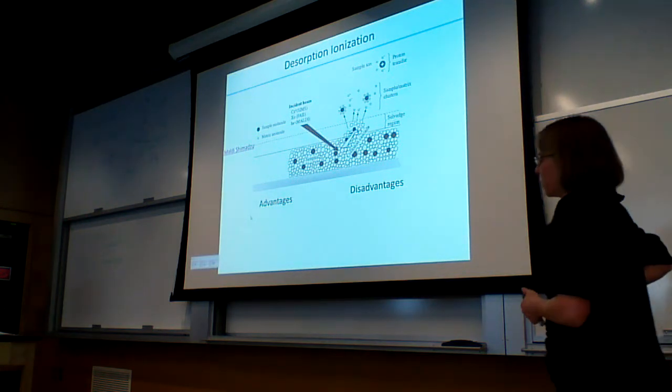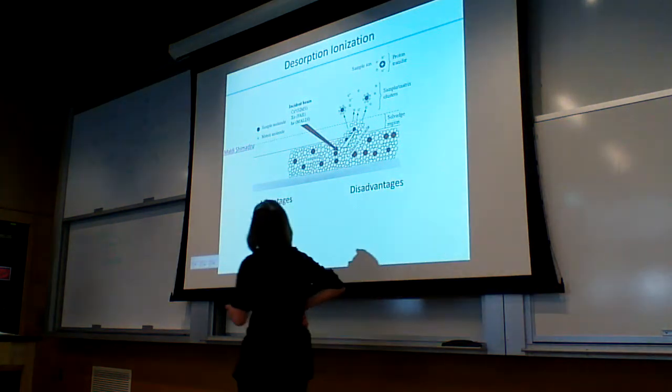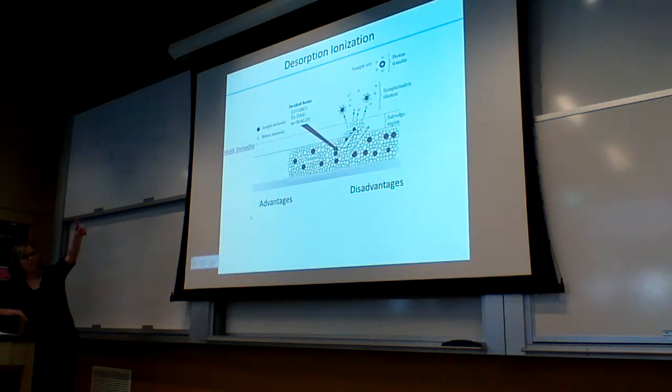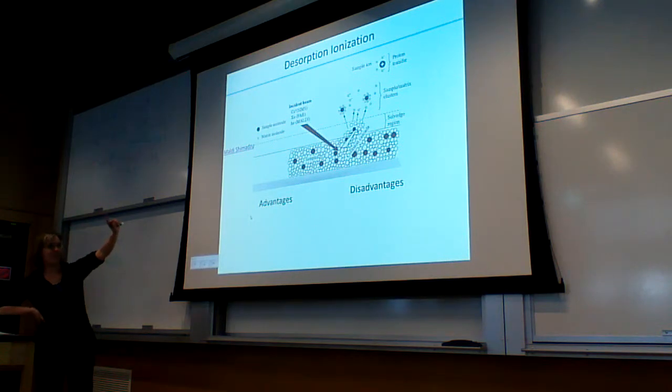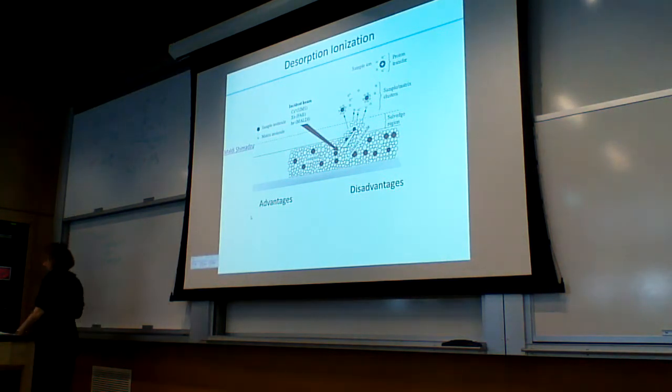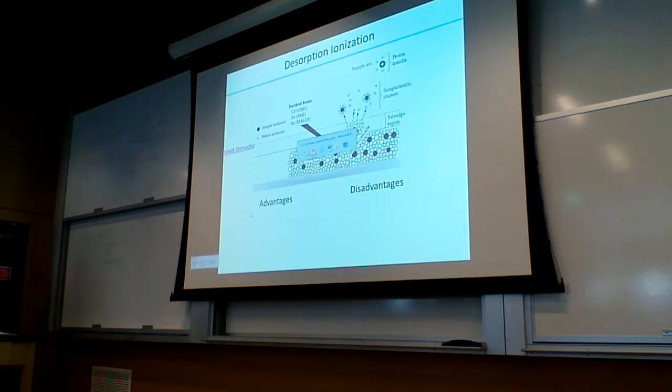The fast atom bombardment, or FAB, uses xenon, so a noble gas over there to bombard it, and then the one that we'll look at a little bit more in detail is the MALDI, and that uses a laser to excite our matrix, which then transfers that excitement to the sample, and it gets ionized and thrown off of the matrix.